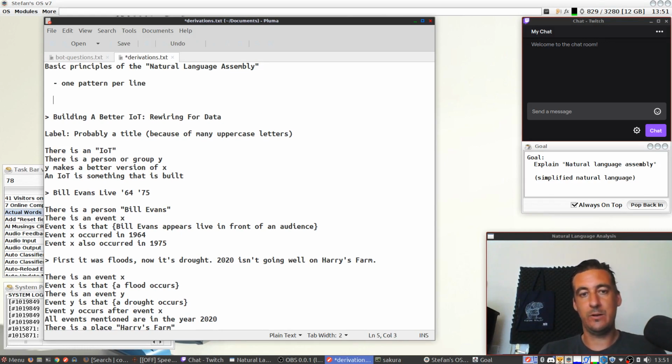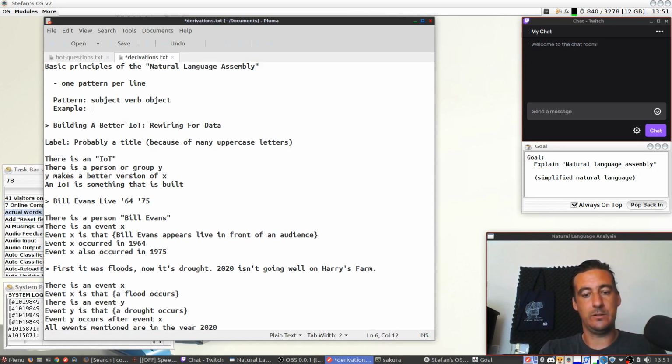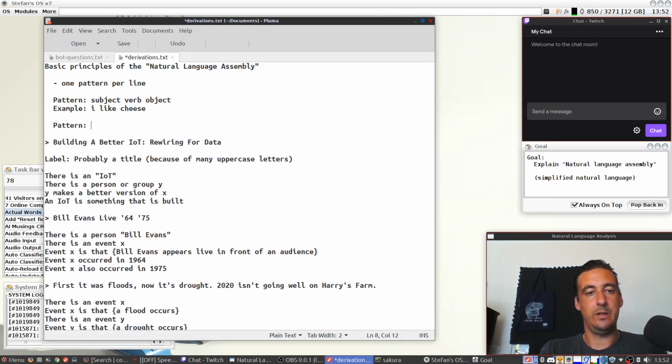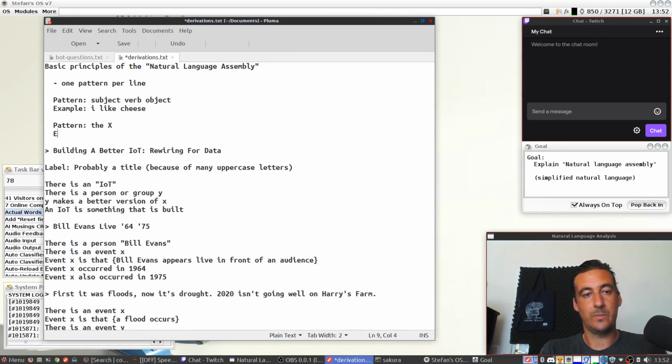What's a language? A language is patterns meeting input. What is a pattern? For example, a pattern is subject, verb, object. And an example is I like cheese. Subject I, verb like, object cheese. And of course, there are many more examples. And another pattern is the X. Example, the game.